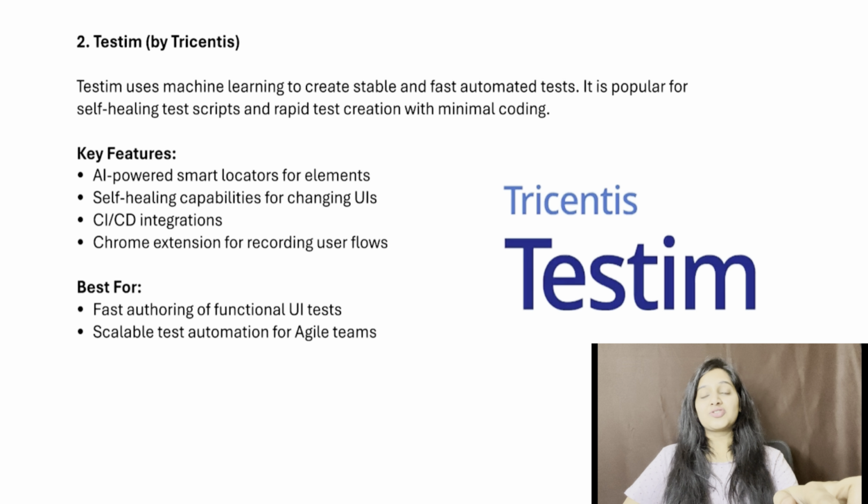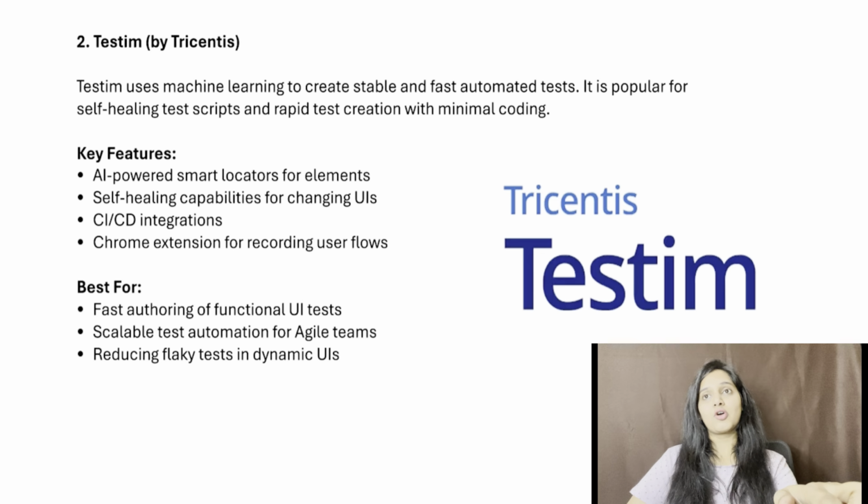Scalable test automation for agile teams. It is helpful for agile teams, and it reduces the flakiness in the tests. Basically, flakiness is one of the major problems faced across a lot of applications, and with a lot of tools as well. So with the help of this, the reduction of flaky tests is there.